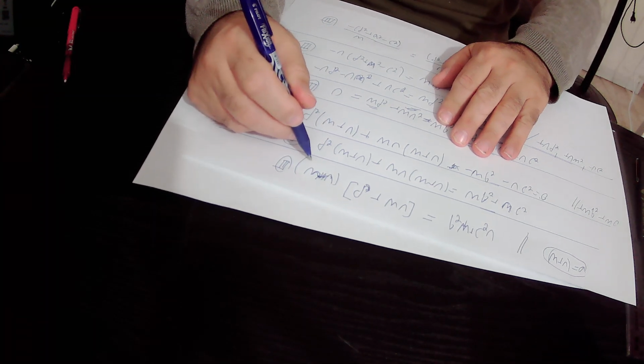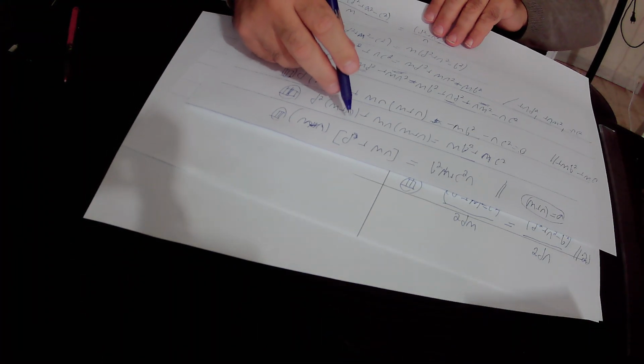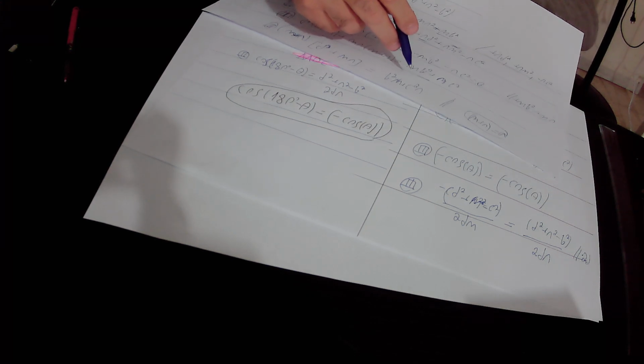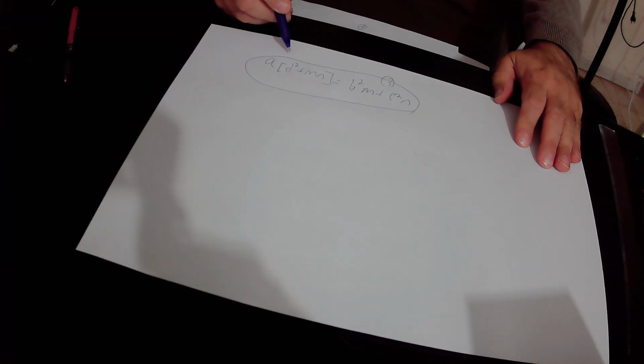Therefore we substitute m plus n by a. Inside the brackets we have d square plus m n equals b square m plus c square n. So a (d square plus m n) equals b square m plus c square n.